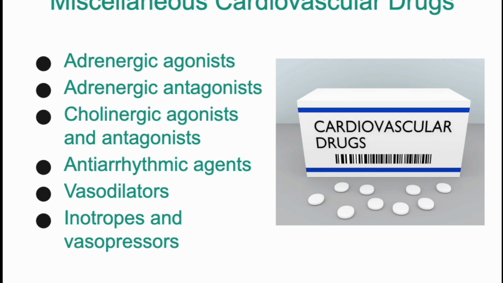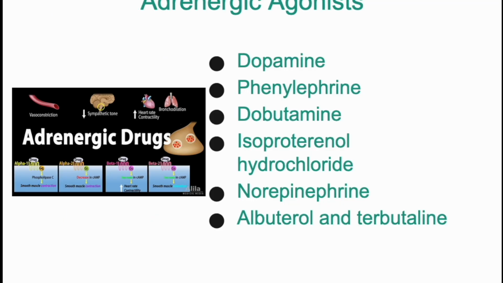Let's look at adrenergic agonists. These are also called sympathomimetics. They mimic the effects of the sympathetic nervous system, often increasing heart rate and blood pressure. Some of the examples you see on the screen, from dopamine to norepinephrine, or even albuterol, also used for bronchospasms.